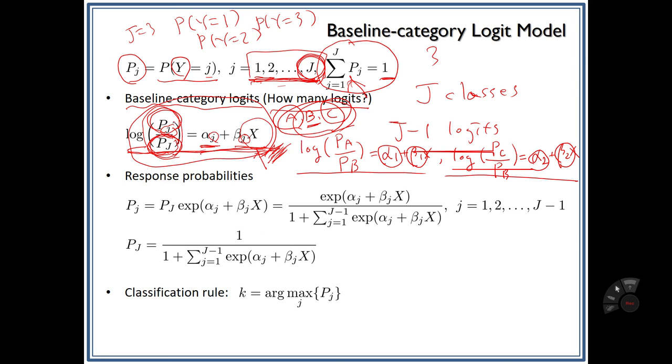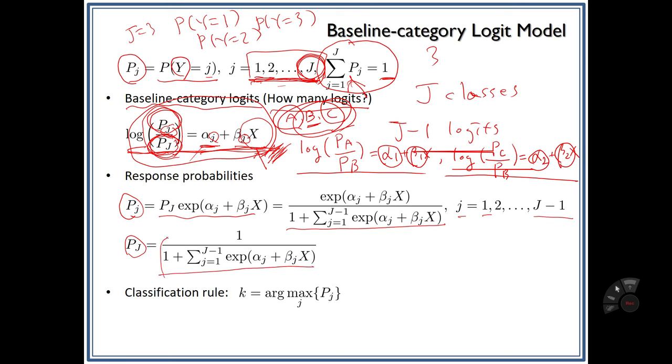Let me show you that. For small j from 1 to J minus 1, which means that we exclude the baseline class, the response probability p sub j becomes this one, and the response probability for the baseline class is this thing.